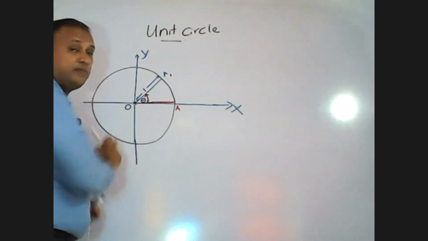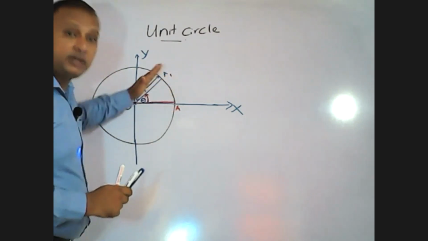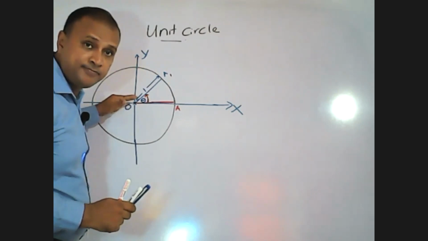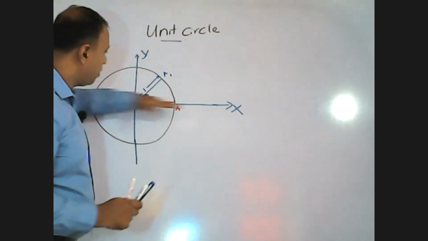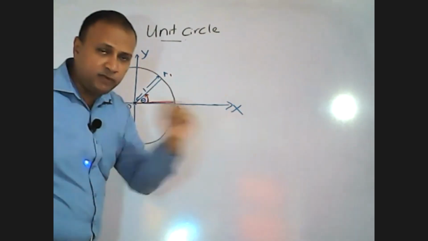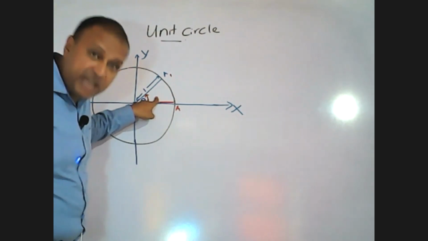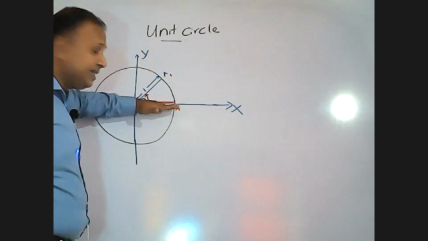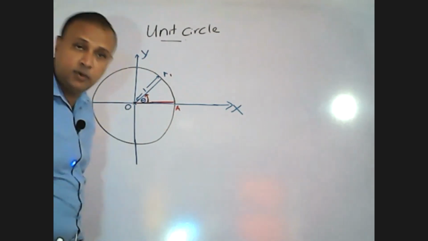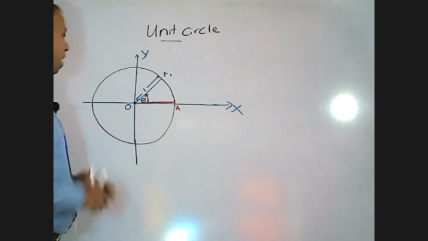So this theta means the amount of rotation of the OA line segment from the OX axis, around O. Is it clear? Yes, sir.